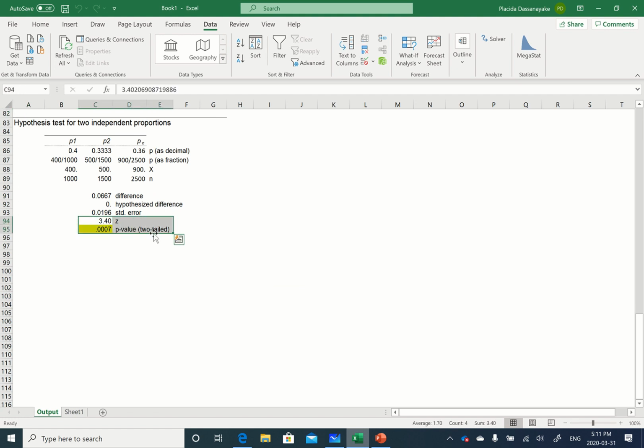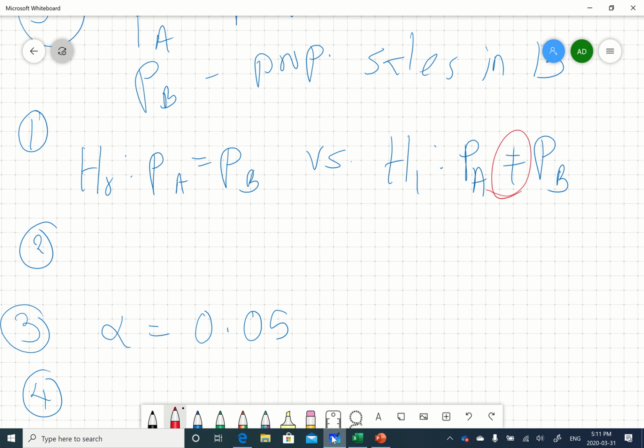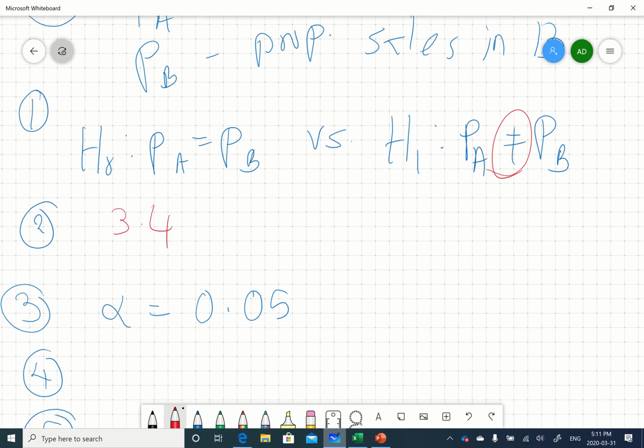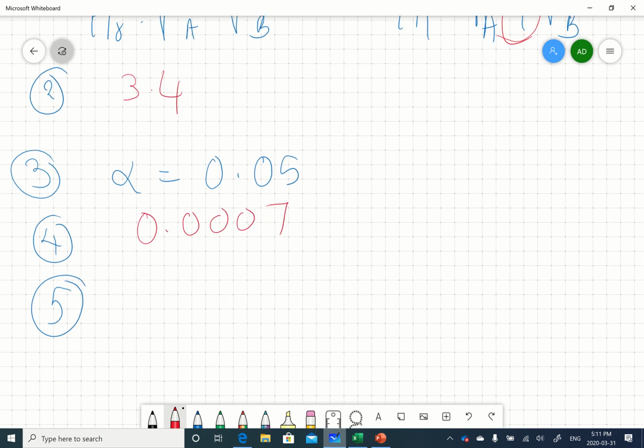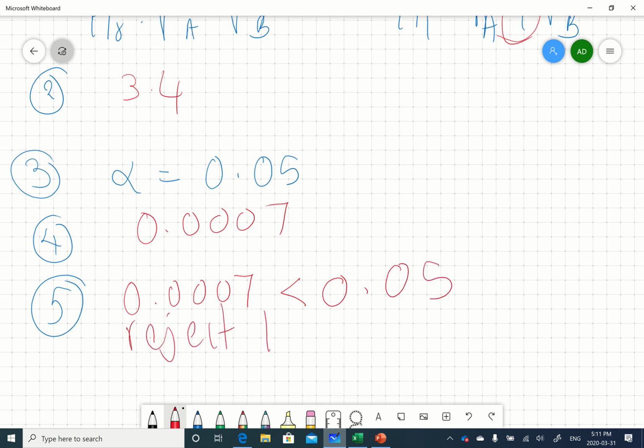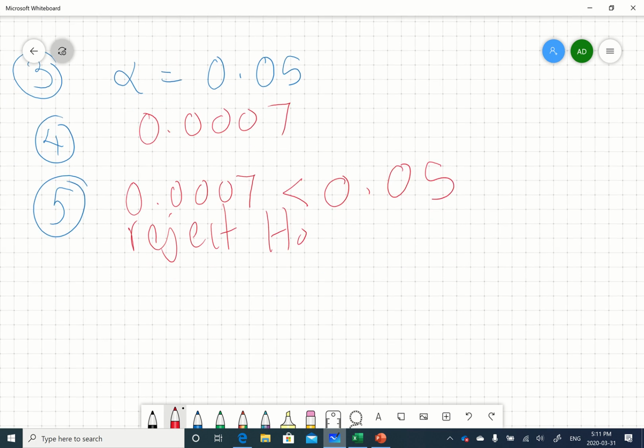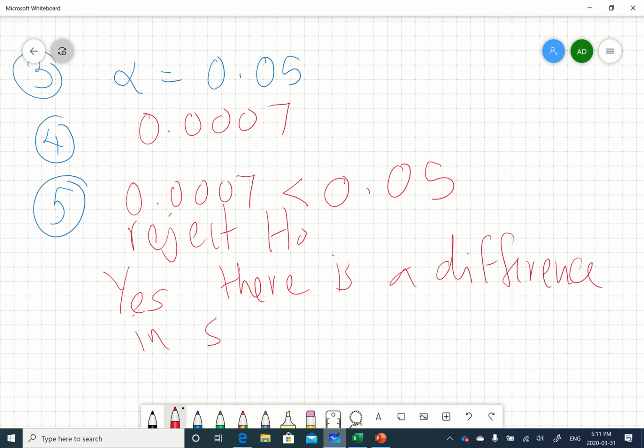Test statistic 3.4, p-value 0.0007. So 0.0007 is less than alpha 0.05. Reject H note. So the answer is yes, there is a difference in sales.